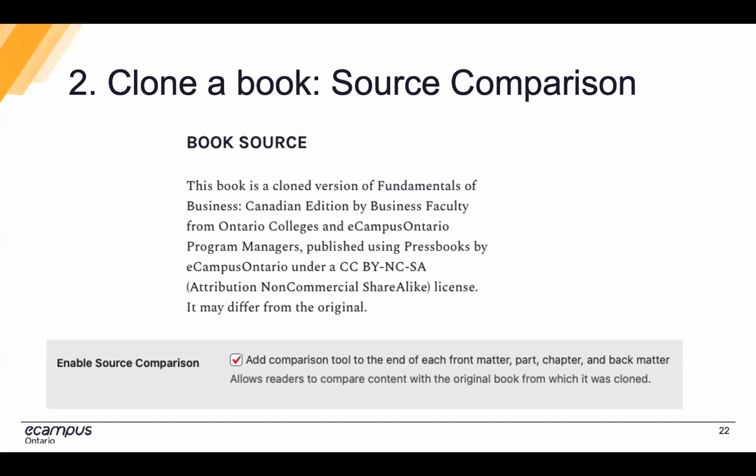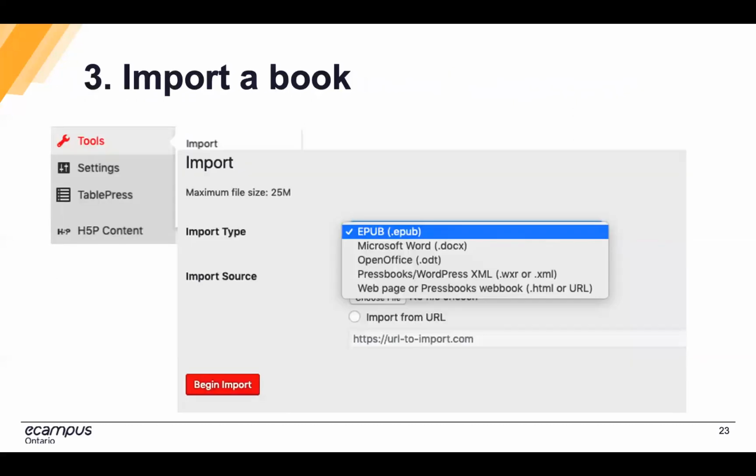So it's just a good way to make sure that folks understand that it's a clone from a different book, and exactly what you're adapting and what you changed in your own adaptation and your own copy of the book.